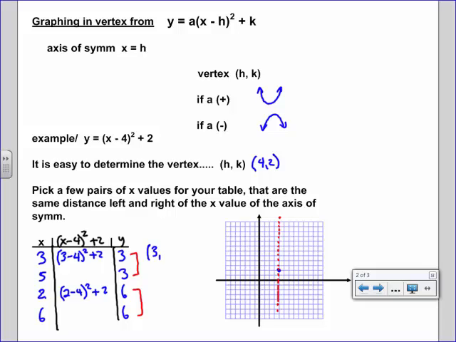So we've got some coordinates we can go ahead and plot now. 3, 3, and 5, 3. 2, 6, and 6, 6.